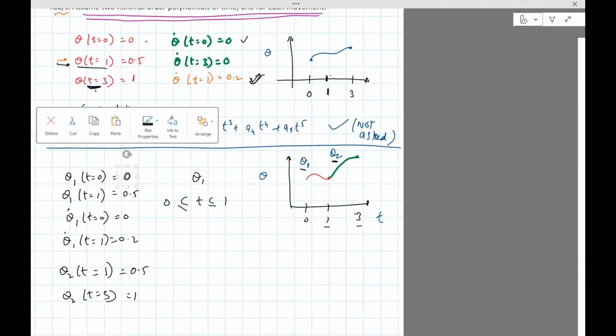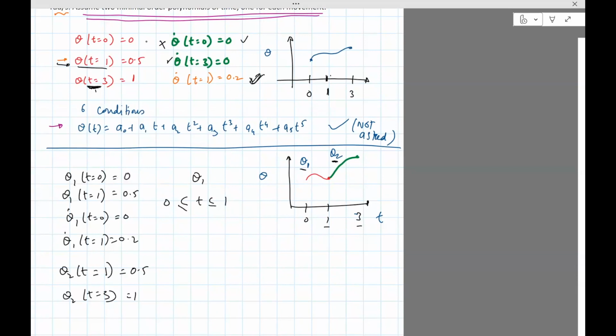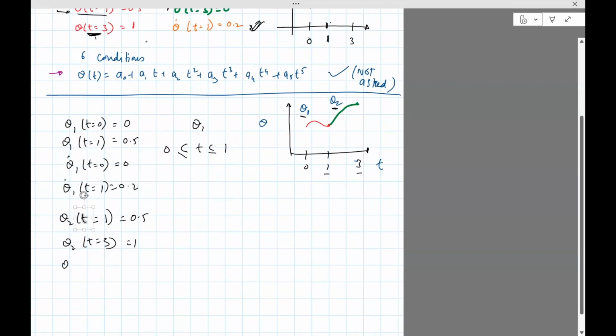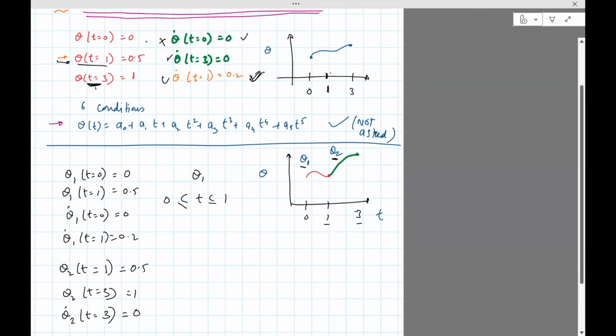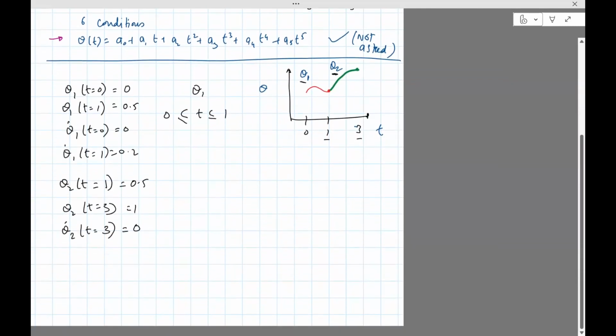Then we don't have this one, because it's beyond 1. So theta dot at t equals 3 equals 0. And then there's another condition here at t equals 1: theta dot at t equals 1 equals 0.2. So theta 2 dot at t equals 1 is 0.2.